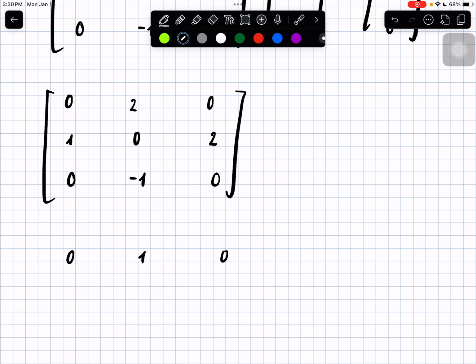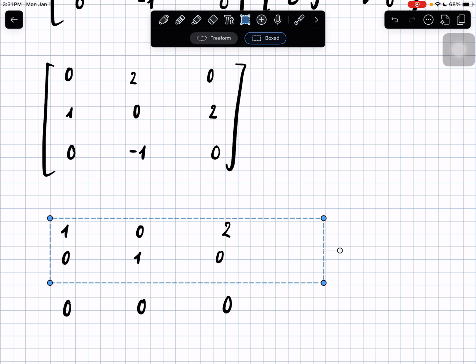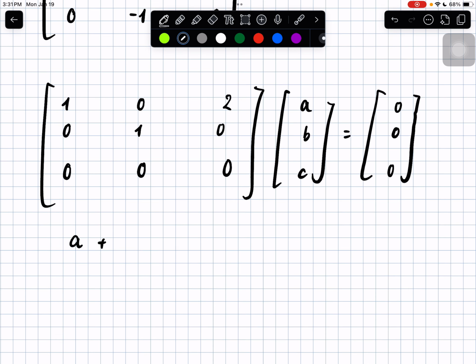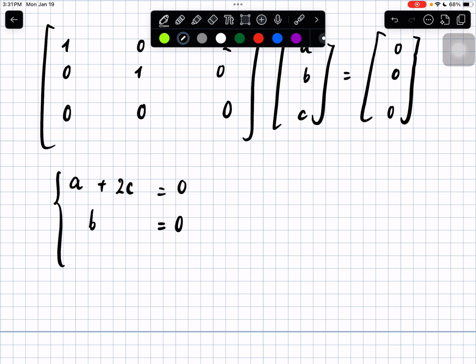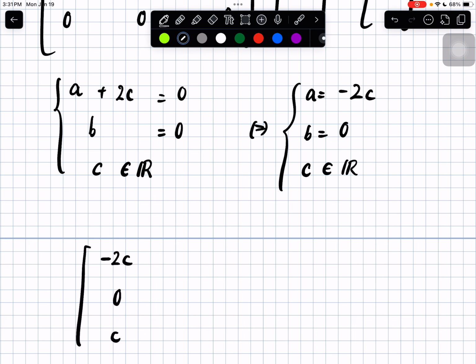Let's switch the first and second rows. This one multiplied by (a, b, c) equals 0, 0, 0, which gives us a plus 2c, b equals 0, and c is free. So the vector is (a, b, c) equals (minus 2c, 0, c).